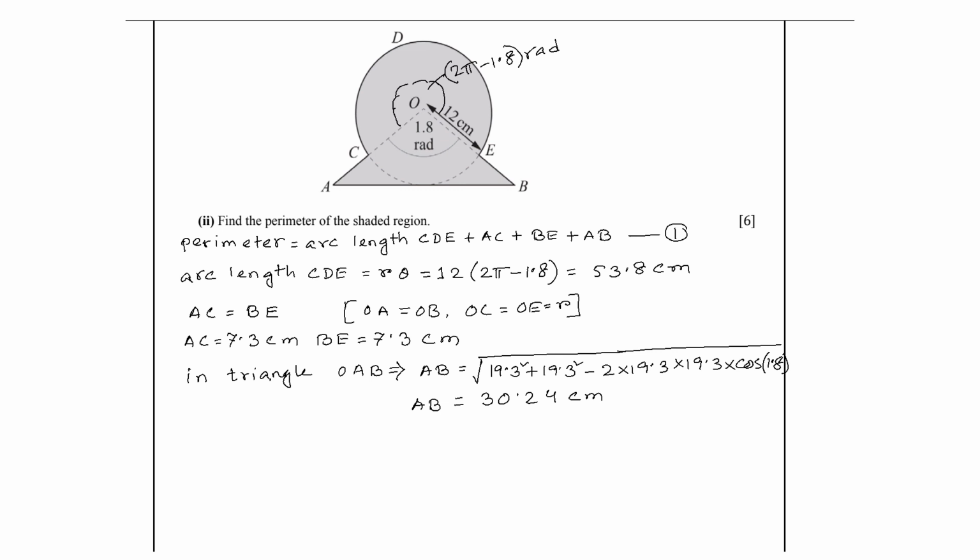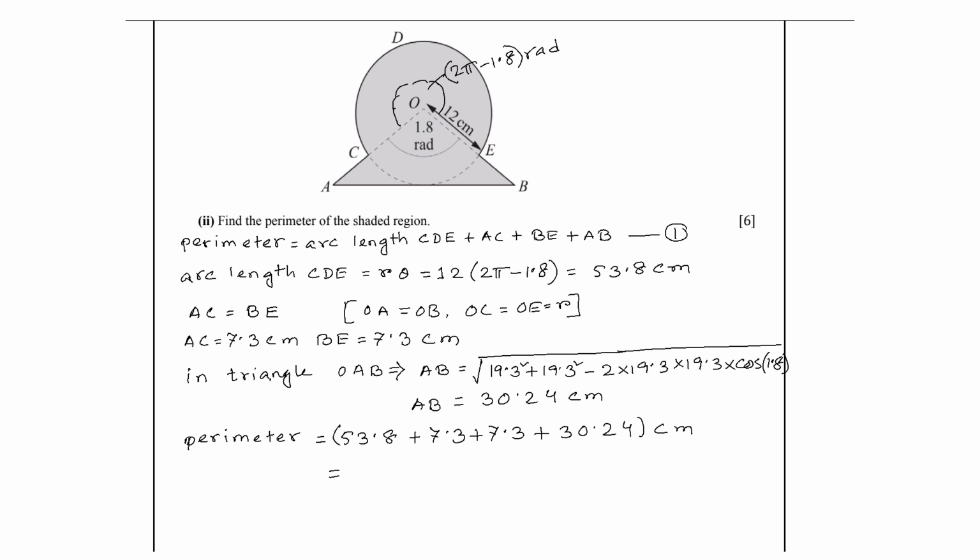Now it's time to get the length of the perimeter. So perimeter is 53.8 centimeter plus 7.3 centimeter plus 7.3 centimeter plus 30.24 centimeter.